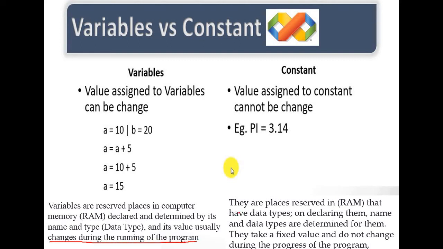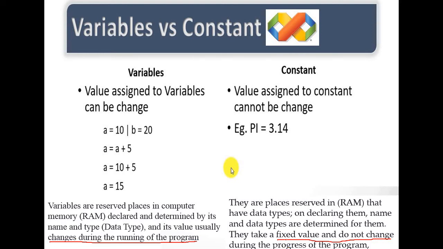The constant is the same, but it is different in one point. Constants are places reserved in the RAM that have types. On declaring them by the name and the data type, they take a fixed value and do not change during the running of the program.